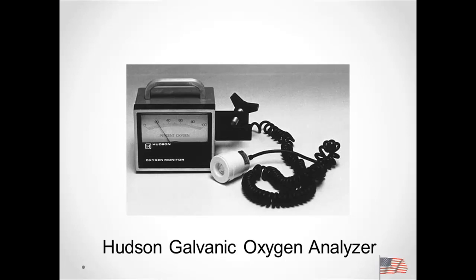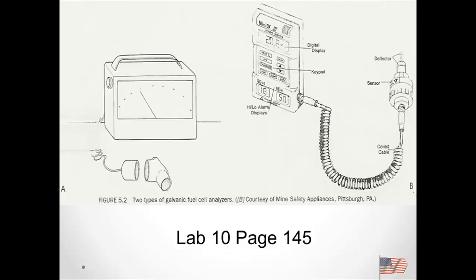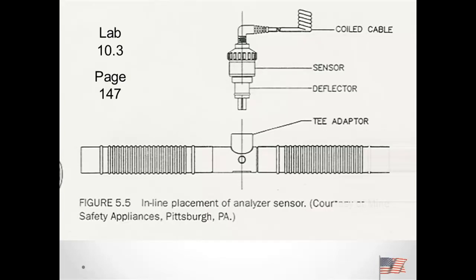Just another example of another brand, a bit older brand, and another one. And there's that placement of that sensor inside the T adapter so that I can measure what the environment is.